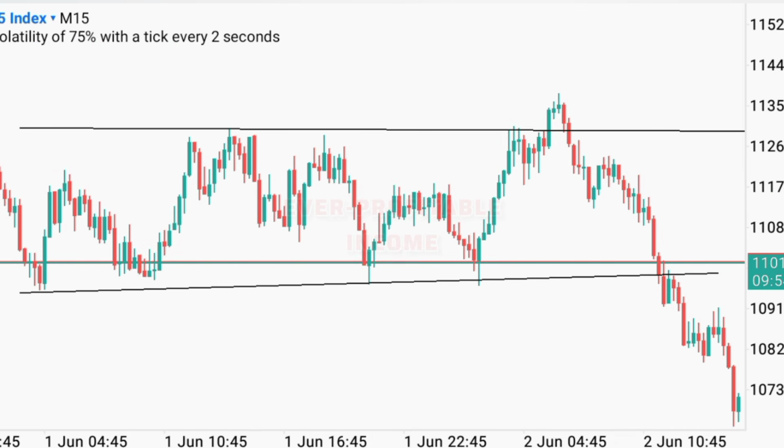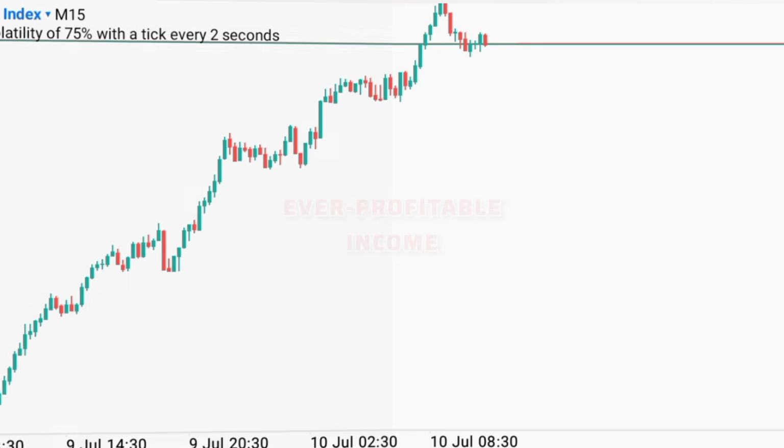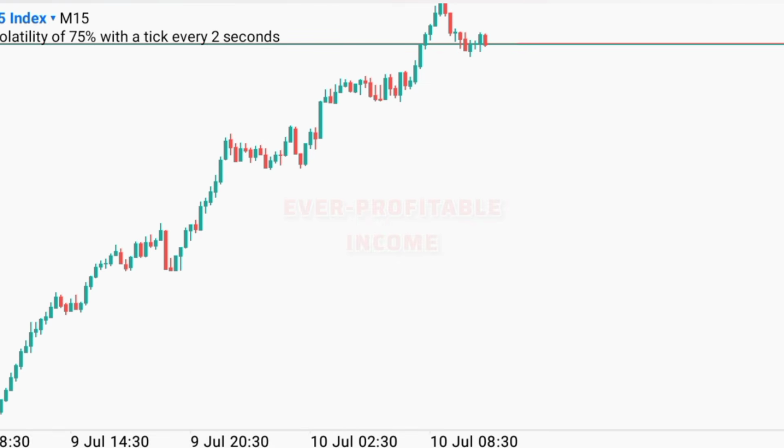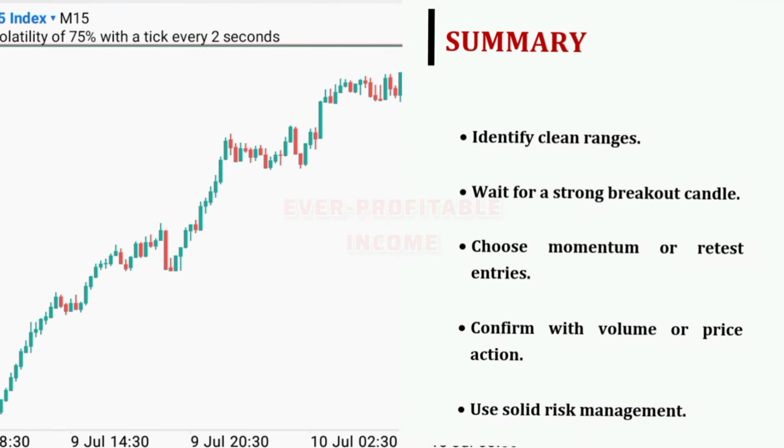Now I'm going to give you a bonus tip that is going to make you even more profitable by applying all these points and entry techniques we have discussed. So let's quickly recap all we have learned.